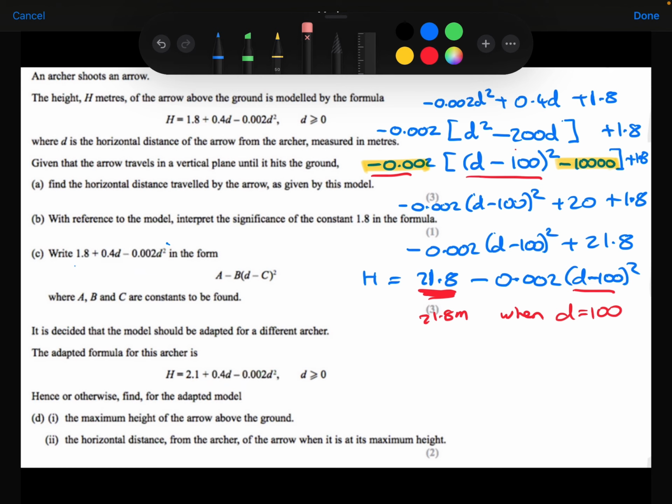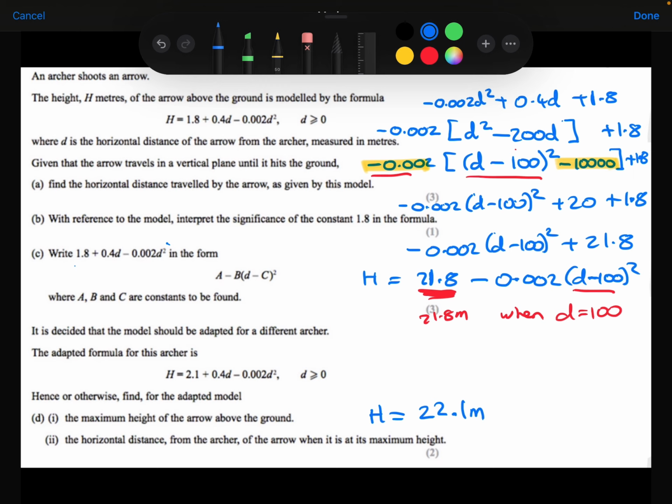So, part D. Find the maximum height of the arrow above the ground. Well, we just found the maximum height for the first archer as being 21.8. So the maximum height of this archer's arrow will be 30 centimetres higher, so 22.1 metres.